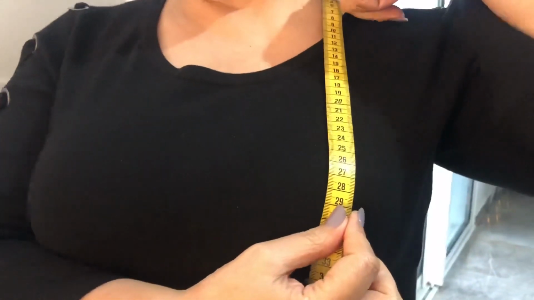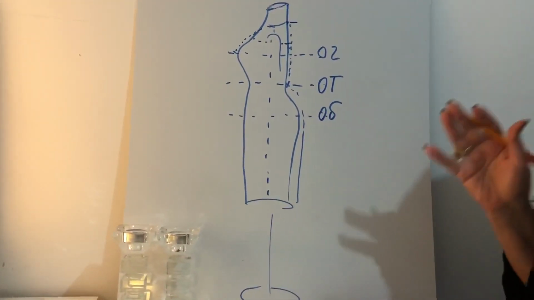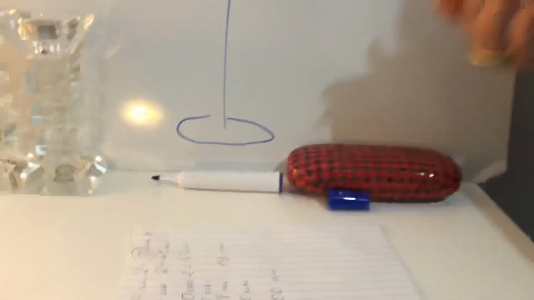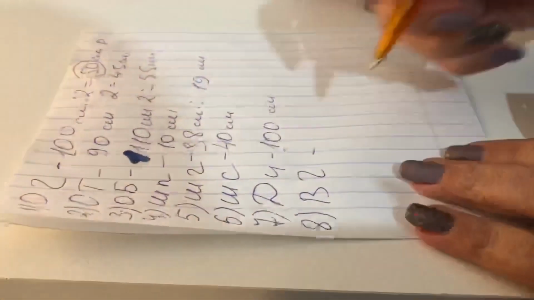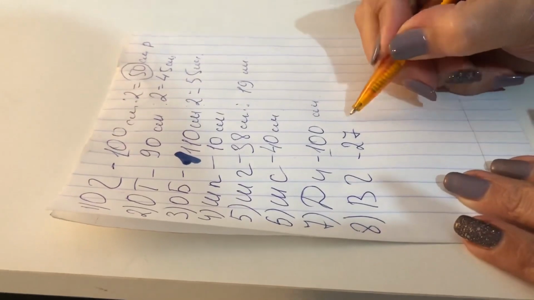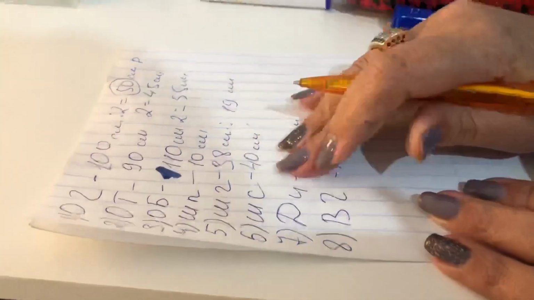And the last measure, guys, is the height of the chest. The height of the chest is measured from this point, the junction of the neck, and this point of height of the chest, the highest point on our chest. It is measured like this. If I show it on myself, it will look like this and like this.